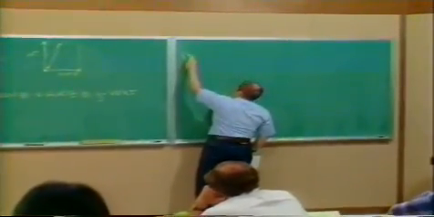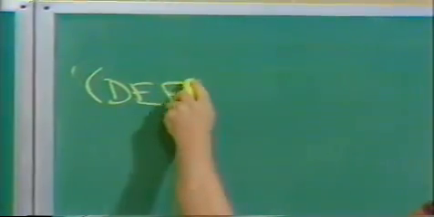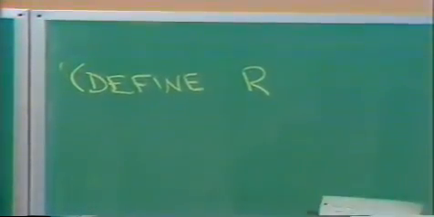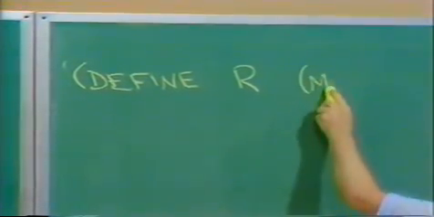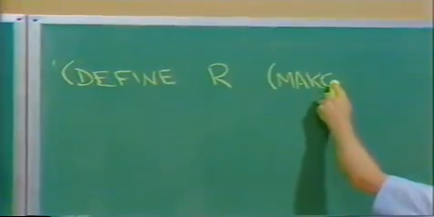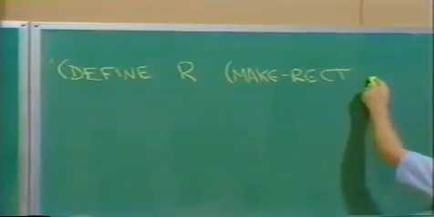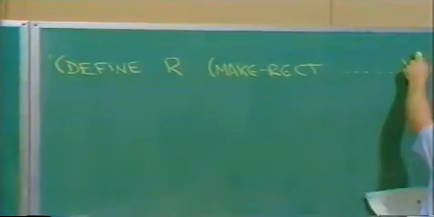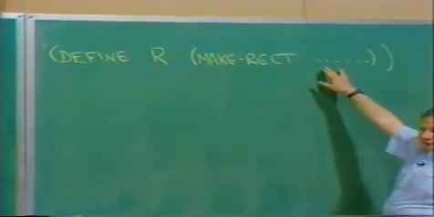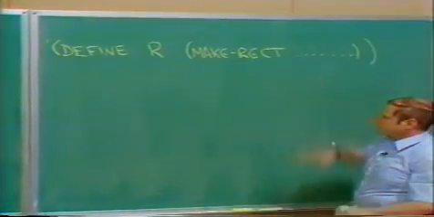Right, I would say, for instance, define R to be make rectangle of some stuff, and I'd have to specify some vectors here using make vector.